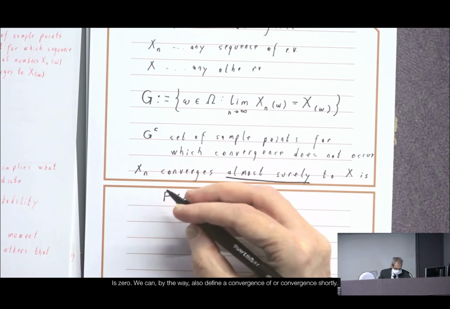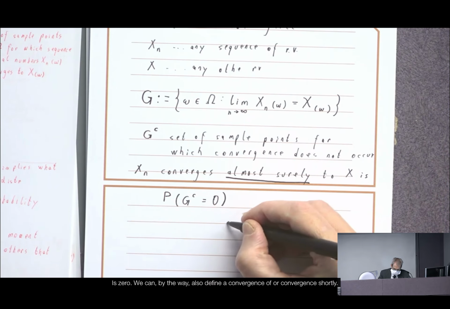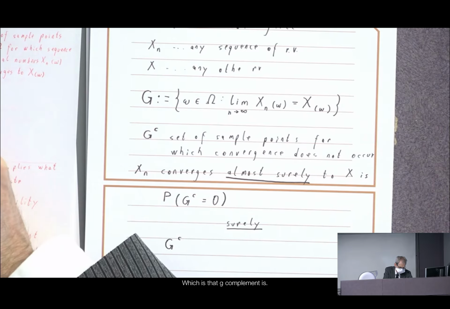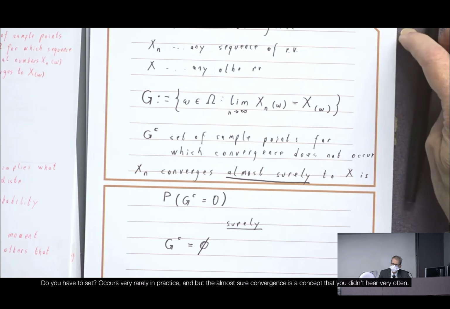We can, by the way, also define a convergence, or converges surely, which is that G complement is the empty set.